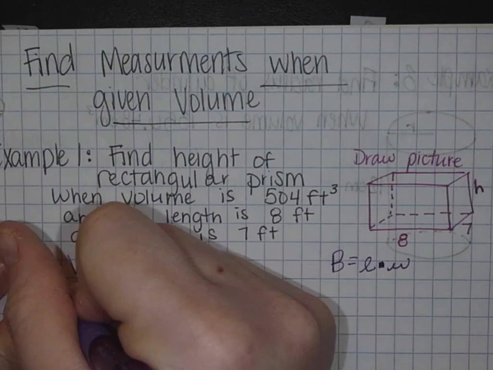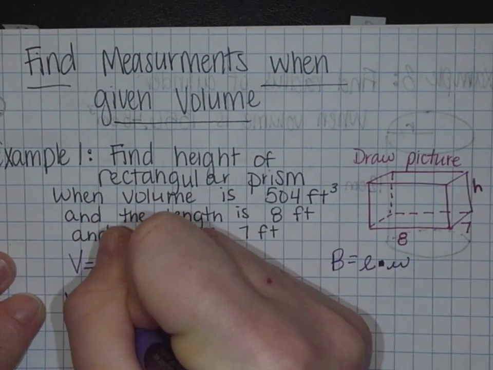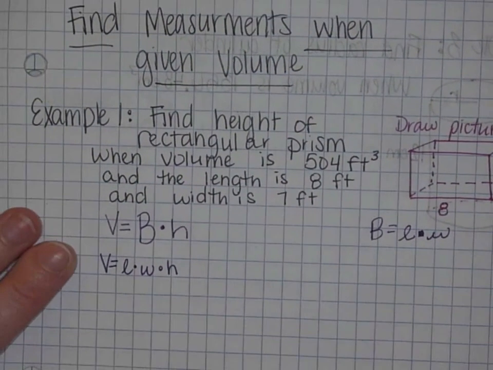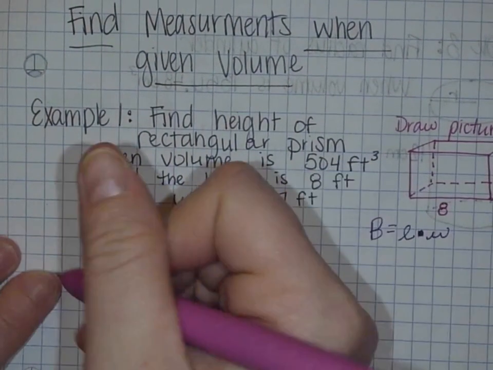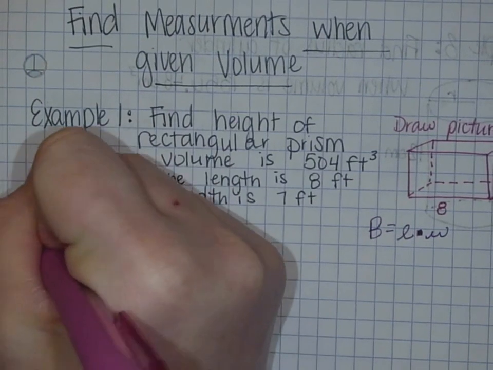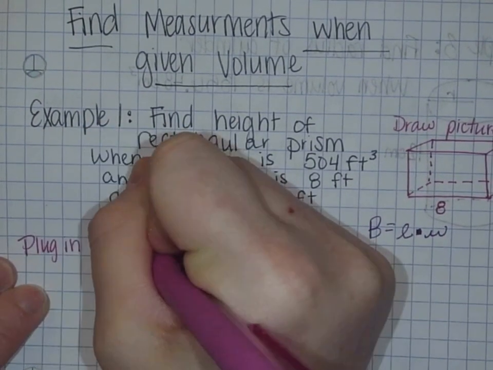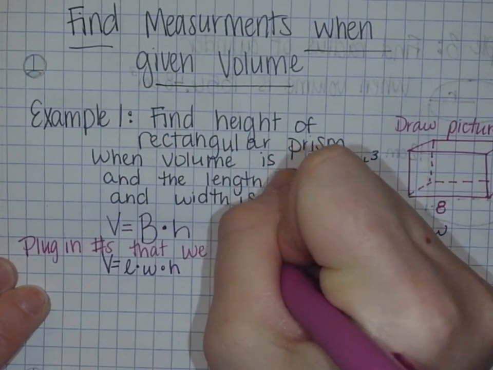So then our formula would be volume equals length times width times height. And so then we've drawn our picture. Now we need to plug in the numbers that we know.